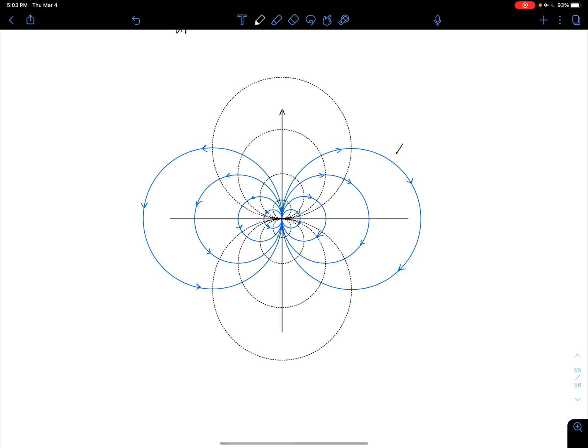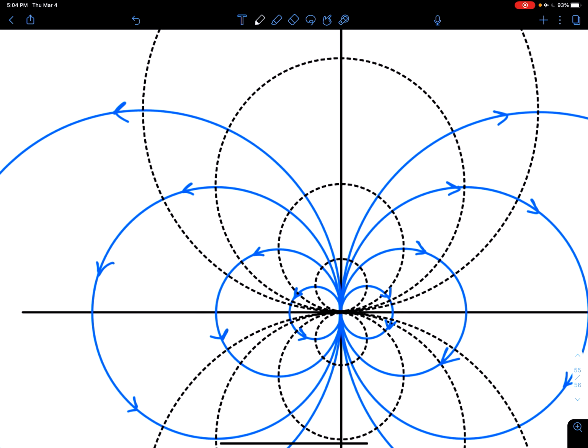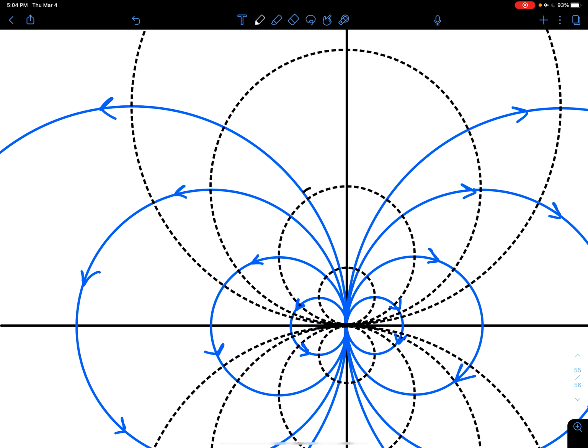We have our blue curves here, our electric flux lines to be exact, and then our dashed lines here are our equipotential surfaces. What we're seeing in those blue curves is that r and theta dependence. If we zoom in closely, we can see that at any point, these electric flux lines are perpendicular to our equipotential surfaces.